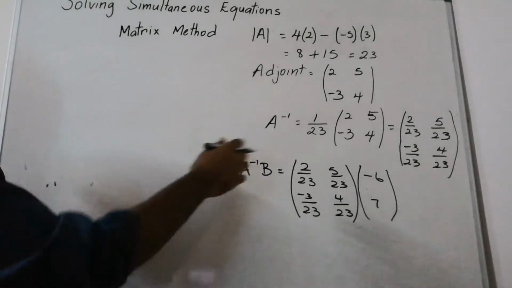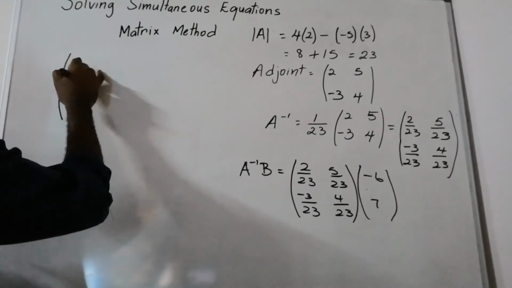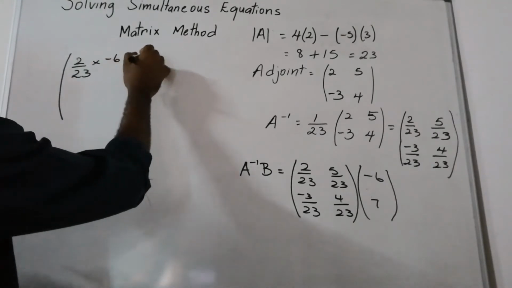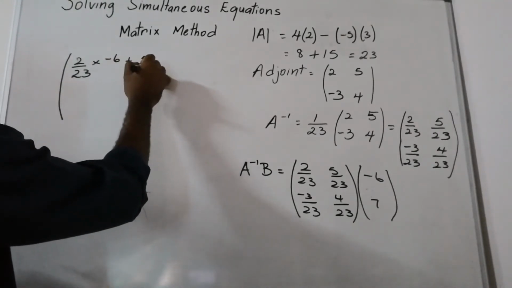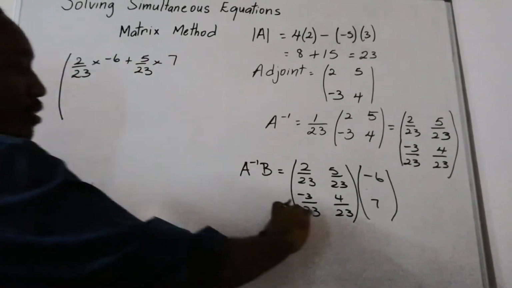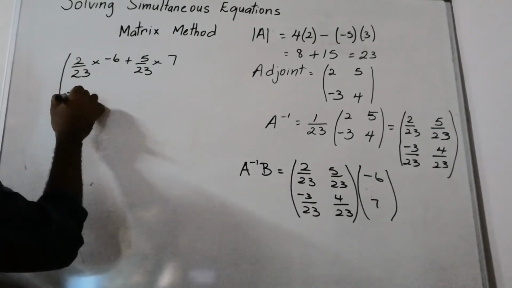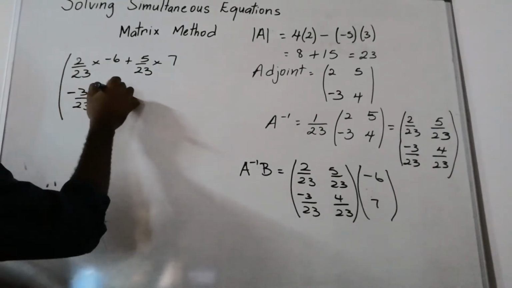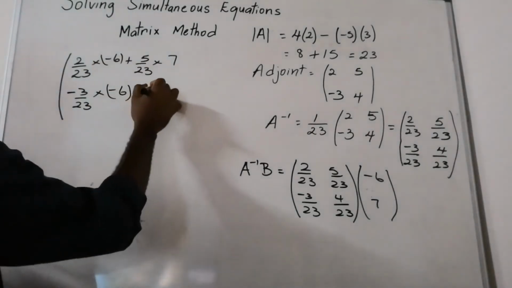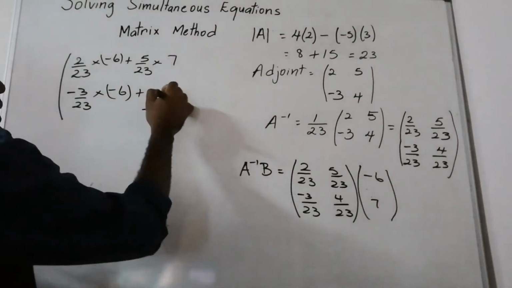So first row by our column will give us 2 over 23 times minus 6 plus 5 over 23 times 7. Then second row, first column again, minus 3 over 23 times minus 6 plus 4 over 23 times 7.